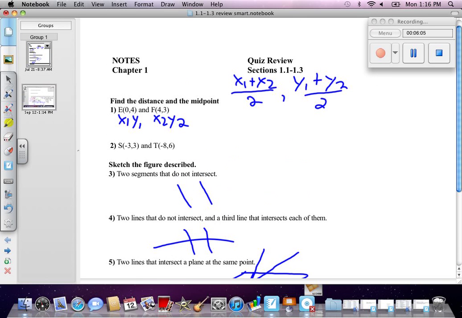I have a tendency of doing that. Okay, now I'm just going to plug it in. All you got to do is 0 plus 4 divided by 2, and 4 plus 3 divided by 2. Okay. We get 2, and 4 plus 3 is 7, divided by 2 is 3.5.